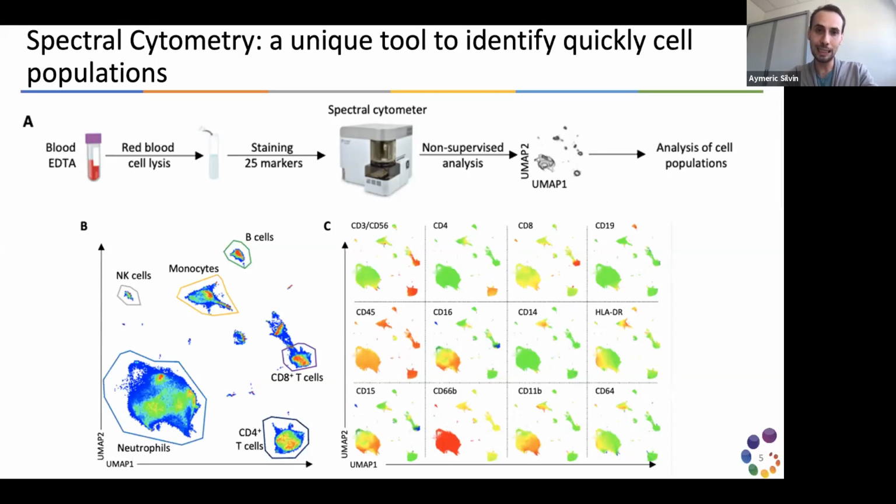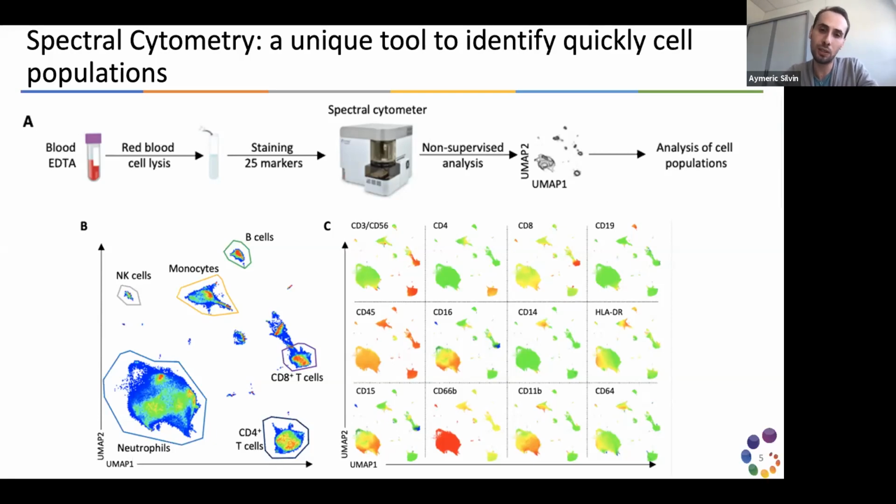It was already amazing to have 25 markers, and this is thanks to the Aurora. It was quite easy to find 25 fluorophores that were not overlapping. And I started to pass the samples on the Aurora.